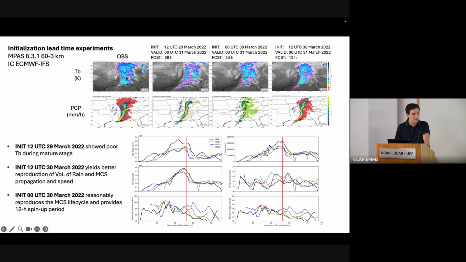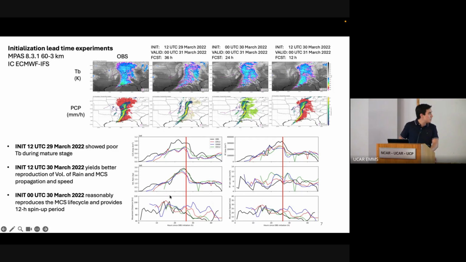So in general, the model was able to reproduce the storm independently of the initialization lead time, but the earlier initializations were able to better reproduce the convective initiation and in general, the whole MCS life cycle. So we have some differences too in terms of MCS propagation and speed. As we can see here, the closer initialization has a better agreement in terms of these MCS features.